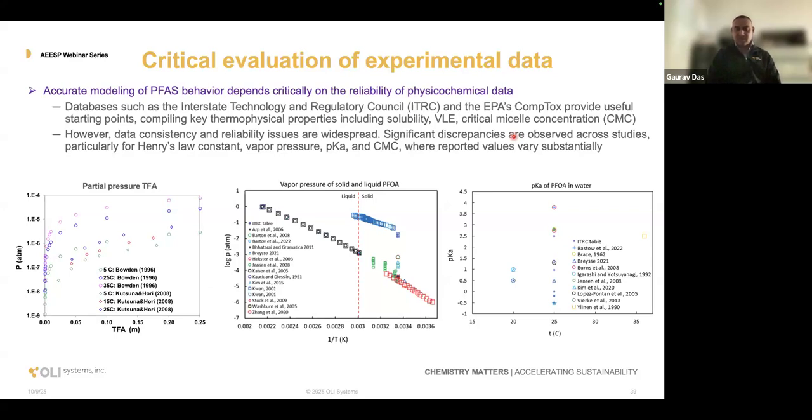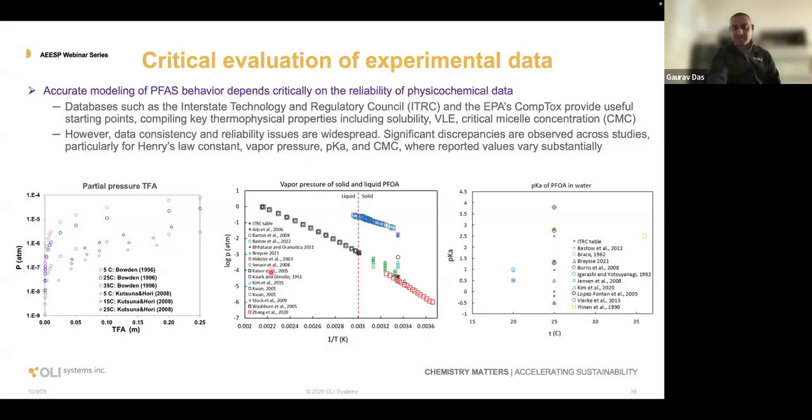As you can see for certain compounds, like the partial pressure of this TFA compound, trifluoroacetic acid, the partial pressures reported from different sources vary by an order of magnitude based upon their assumed complexation constants, whether they are more soluble or not.